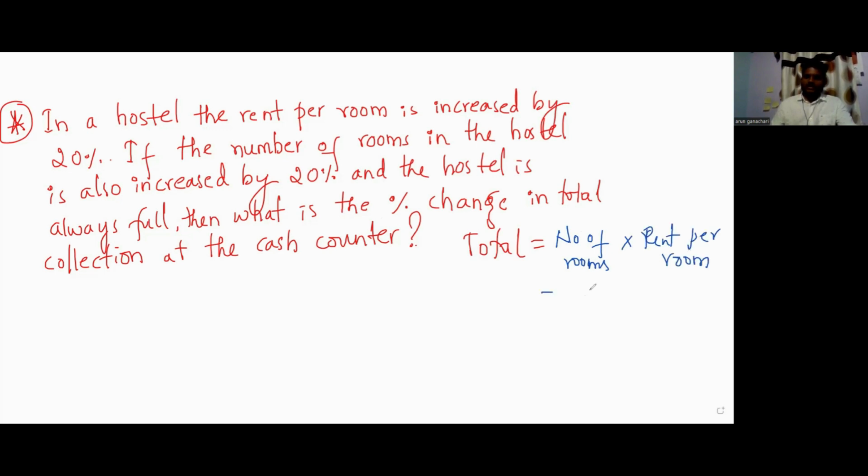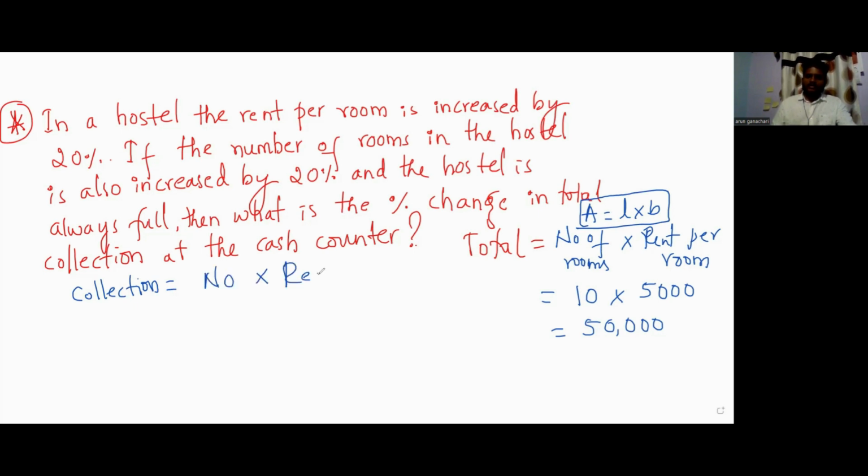So if there are 10 rooms and each room rent is 5,000, how much is the collection? 50,000. Yes or no? Yes, sir. This is very similar to your area is equal to length into breadth. Same concept actually. Here collection is equal to what? Number of rooms into rent.